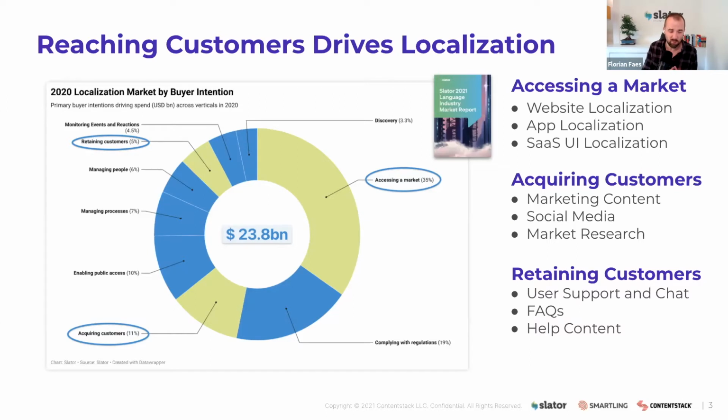Let me give you an example. We recently had design startup Canva on our weekly podcast, and they told us that they're localizing their website, their product, basically the SaaS, into no less than 132 languages and locales. So that's a huge undertaking, and it's a very core part of their going global strategy.